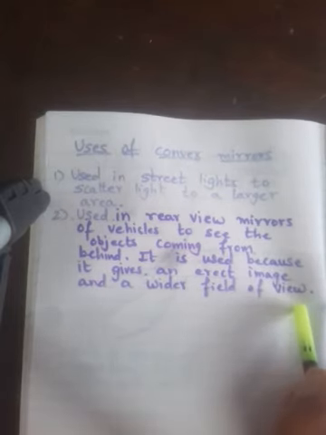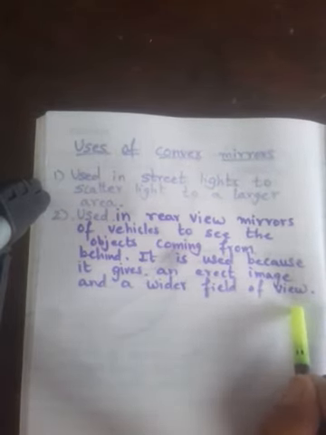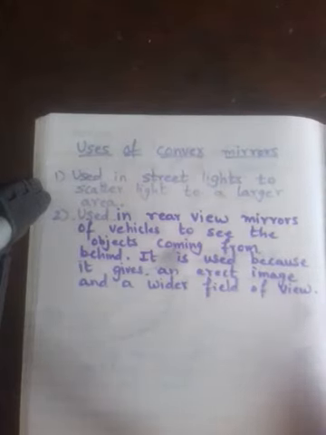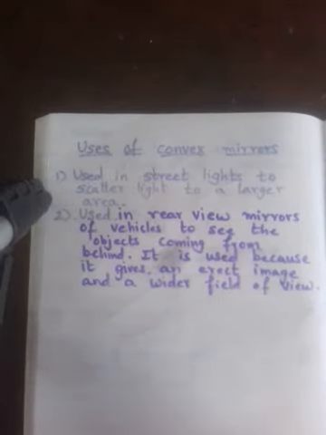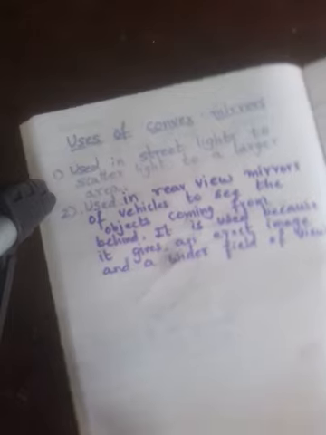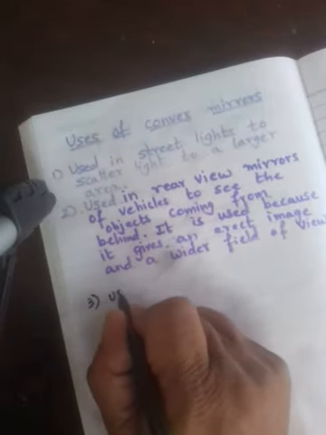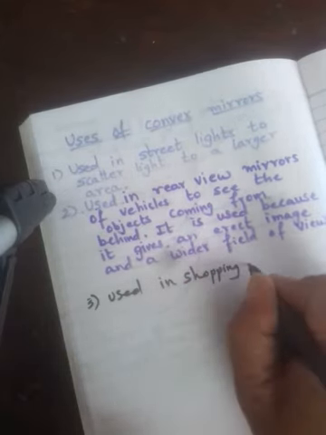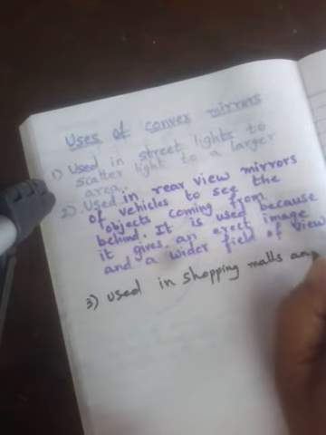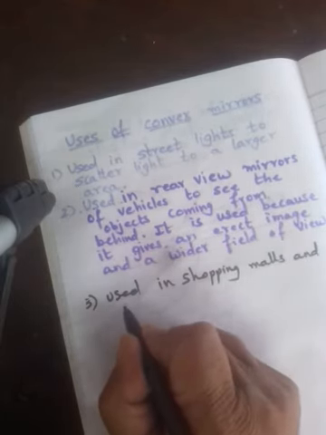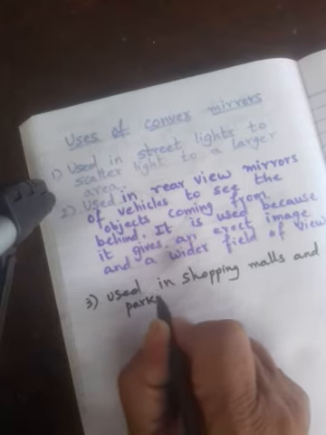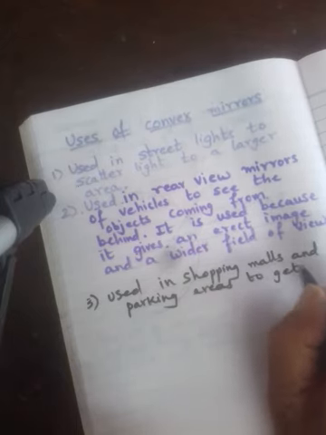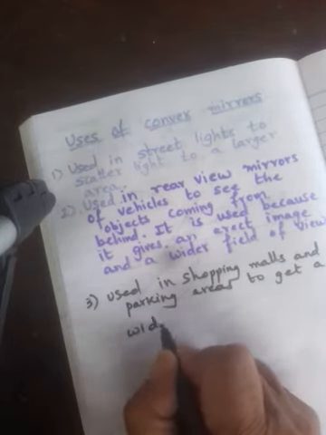This is the reason why convex mirrors are used in rear view mirrors of vehicles, and they are also used in shopping malls and parking areas to get a wider field of view.